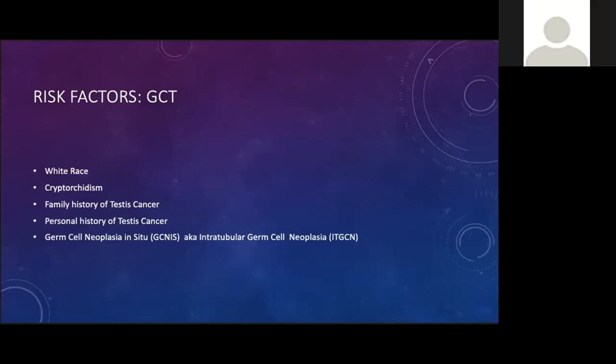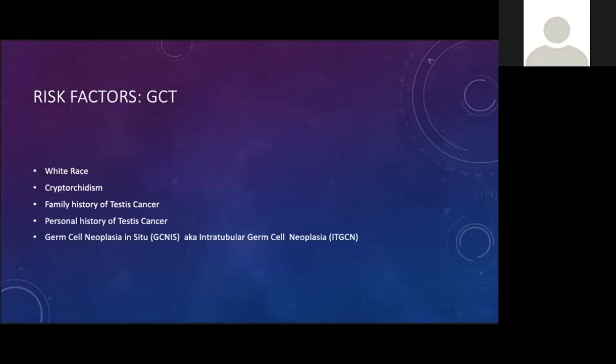It is also noted that the contralateral descended testis is at a slightly increased risk. Another risk factor is family history of testis cancer and personal history of testis cancer. And last would be germ cell neoplasia in situ, which is also known as intratubular germ cell neoplasia.